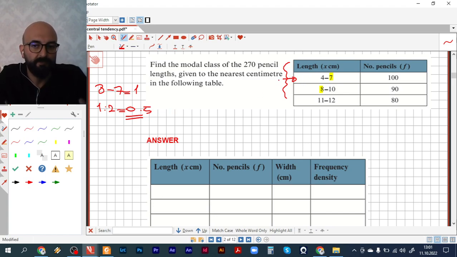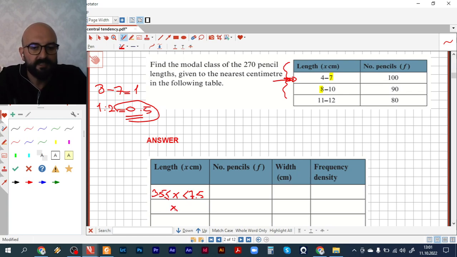For example, for the first group, 4 minus 0.5 is 3.5, greater or equal than x, and less than 7 plus 0.5, less than 7.5.